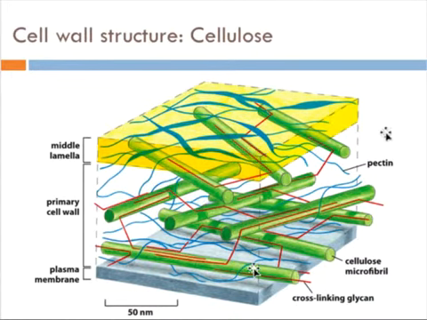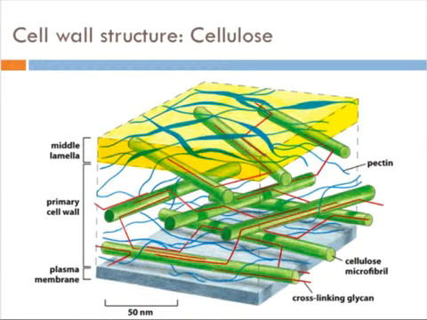Cellulose is these green bars here that you can see are laid down in almost like a grid shape. Cellulose is the most abundant organic macromolecule on this planet because of its concentration in plants. This is where plants get their tensile strength. This is where they're going to be able to resist a tearing, if you will.